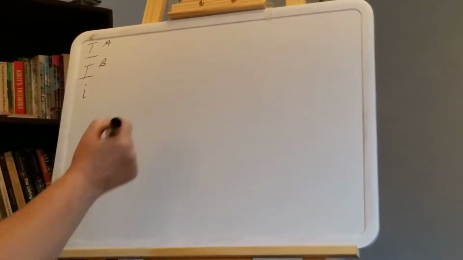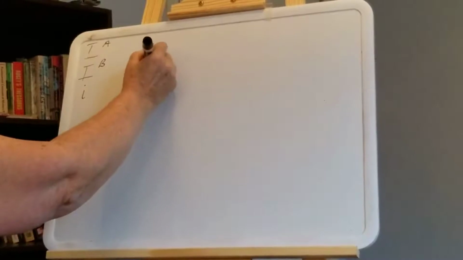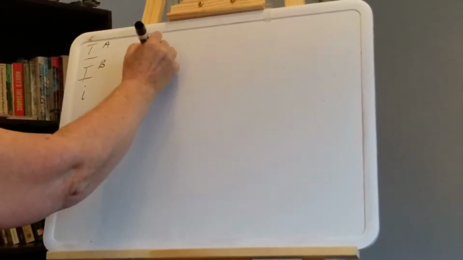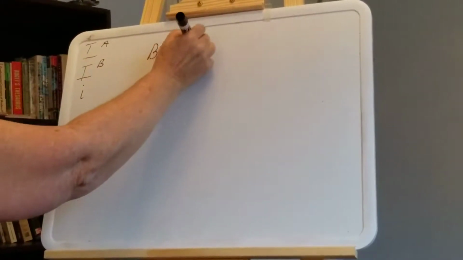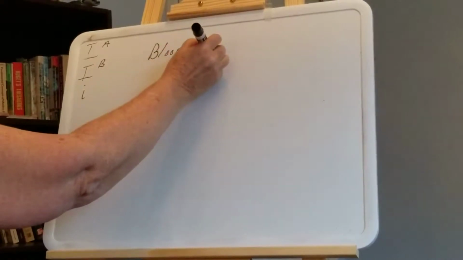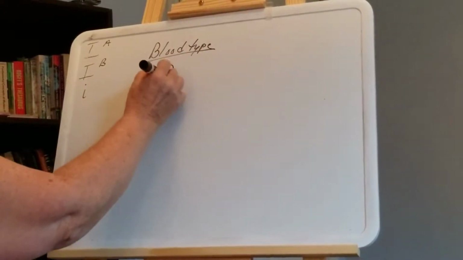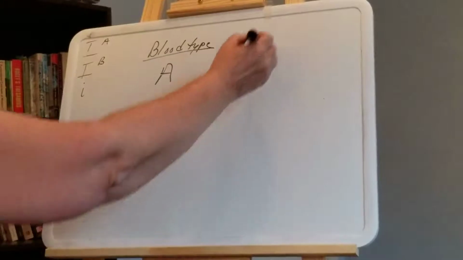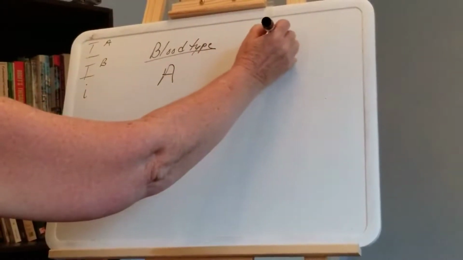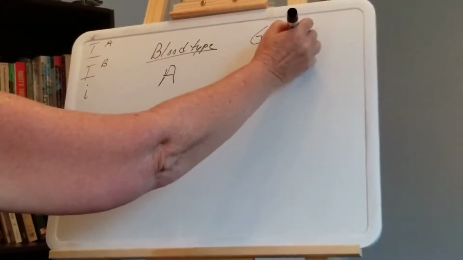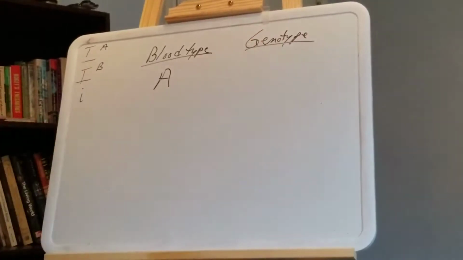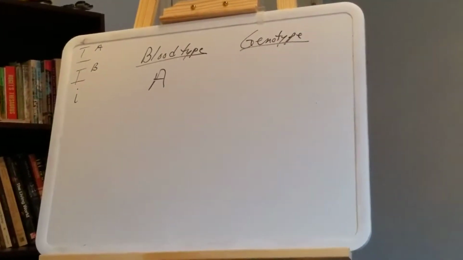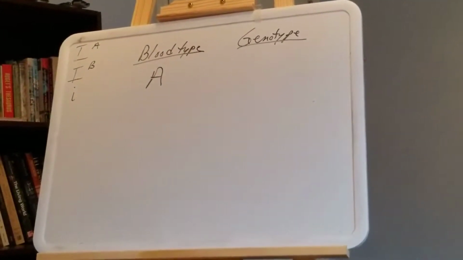So, if a person is type A blood, so if we put the blood type here, if they are type A blood, what is their genotype? Remember the letters. They could be homozygous dominant.